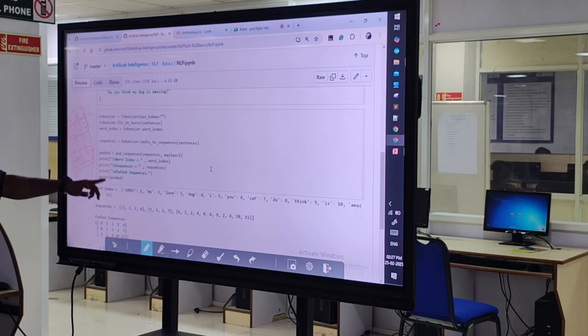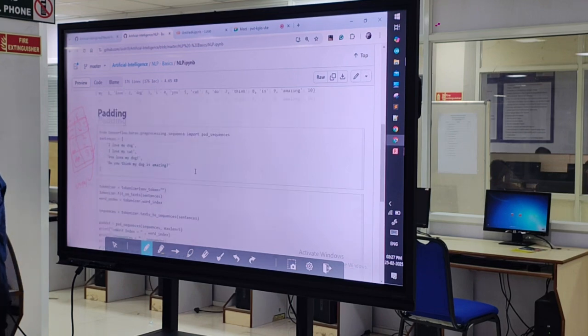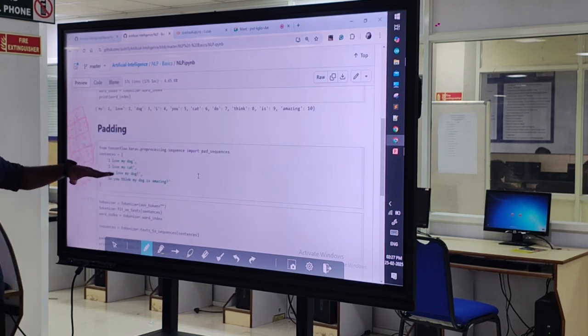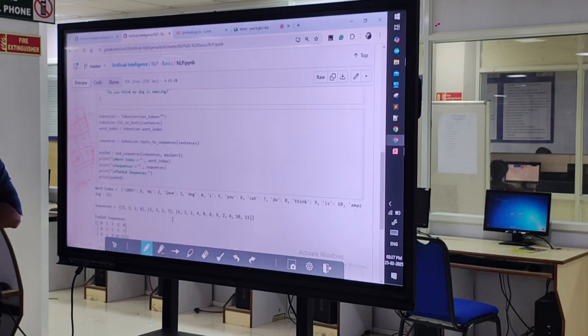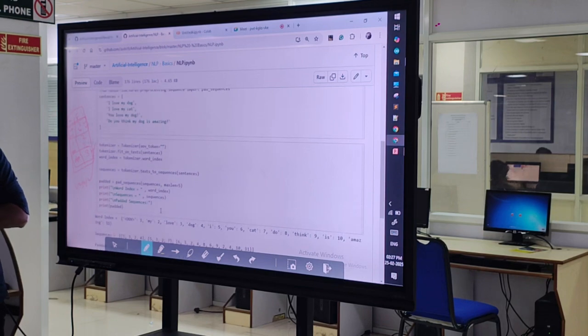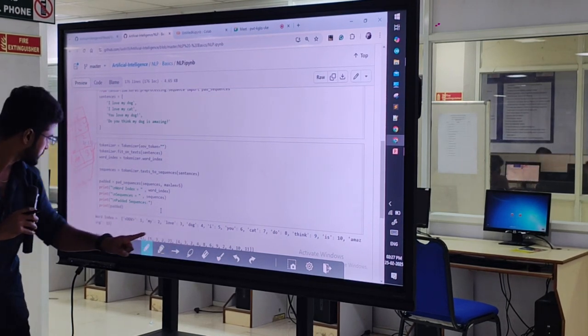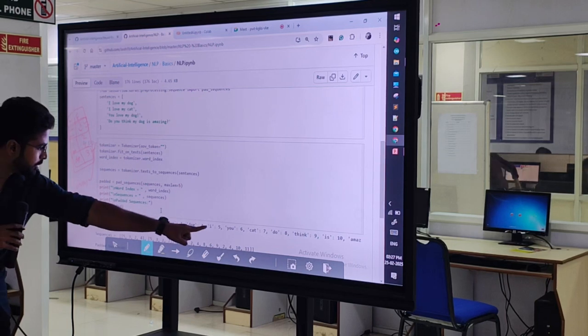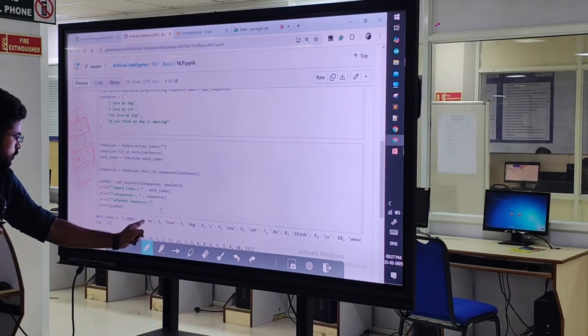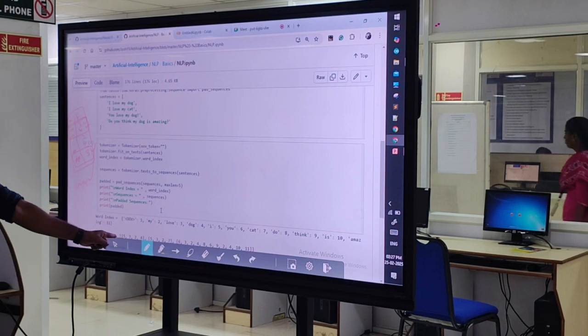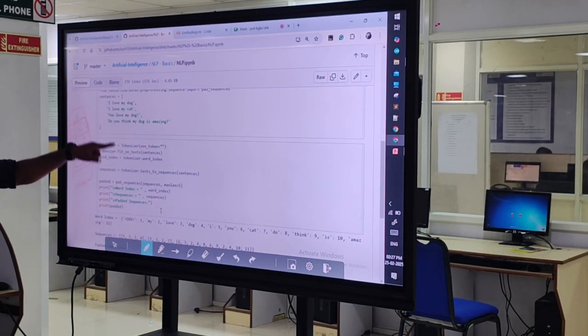Okay, and the sequences, for each and every sentence. Now you have: I love my dog, I love my cat, you love my dog, and do you think my dog is amazing? So there are 4 sentences, and we have 4 different sequences. I love my dog becomes 5, 3, 2, 4, where I is 5. Likewise, the other sequences are converted.